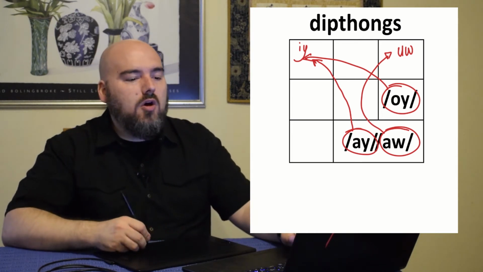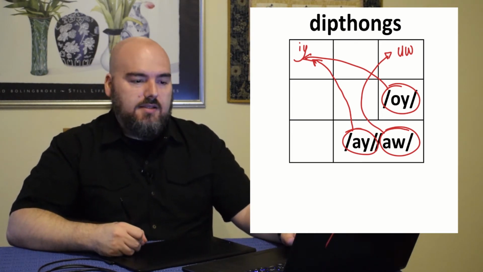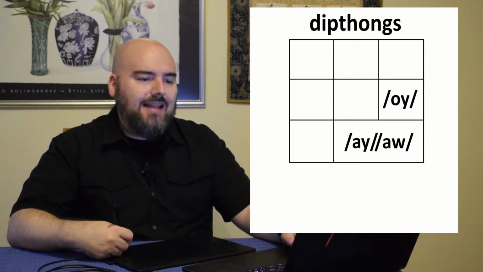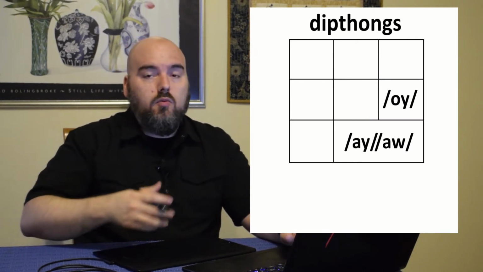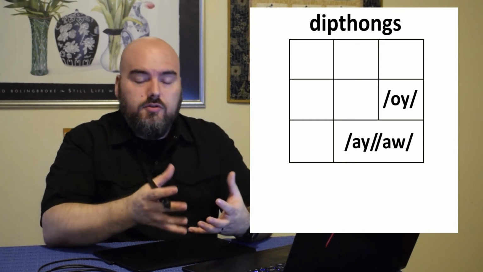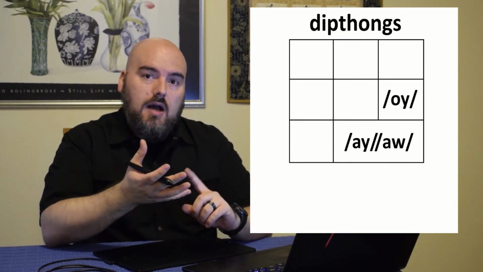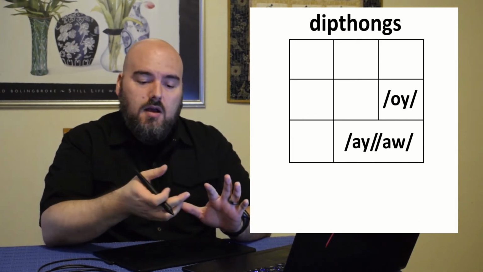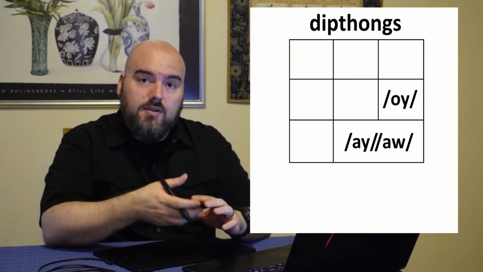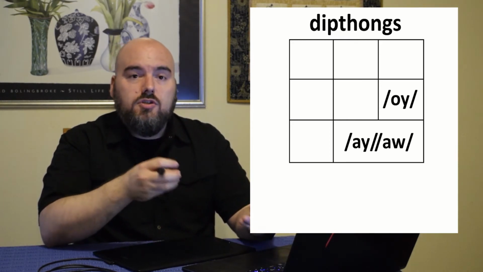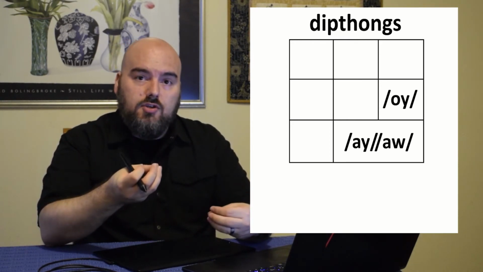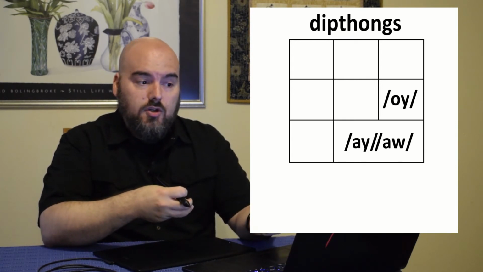So how do we go about describing these sounds? All right, well, it's not that difficult. When we describe vowels in general, we use height, frontness, backness, tenseness, laxness, and roundness. But in this case, we're just using the starting position and the ending position.